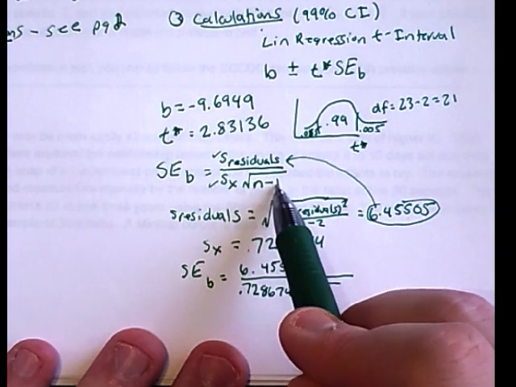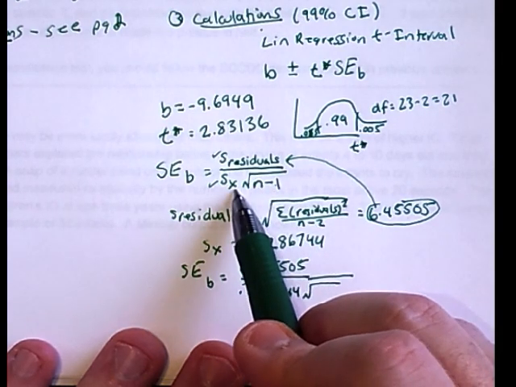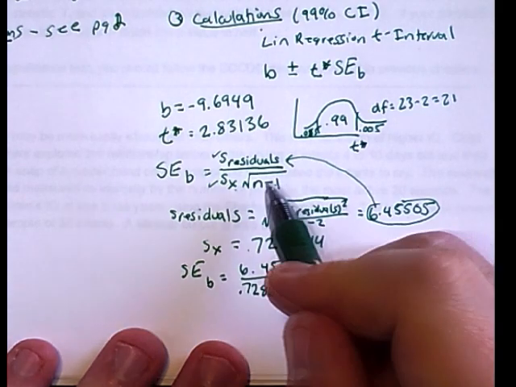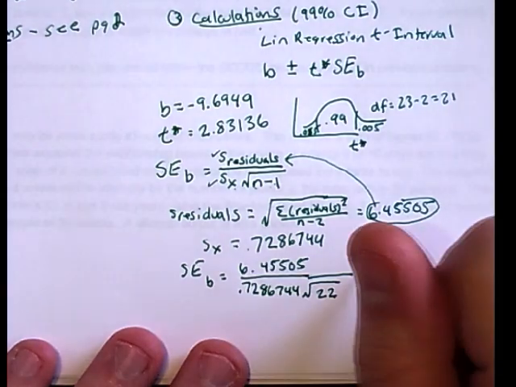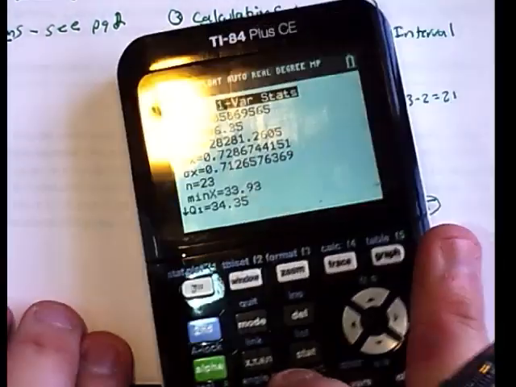Why is this n minus 1? Because x is just one of the variables. So 23 minus 1 is 22. You put all that in there, and let's see what it gives us.